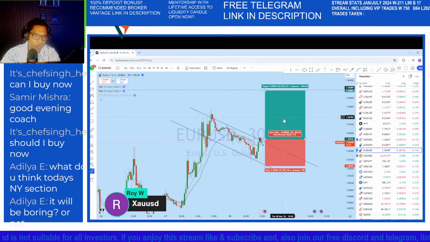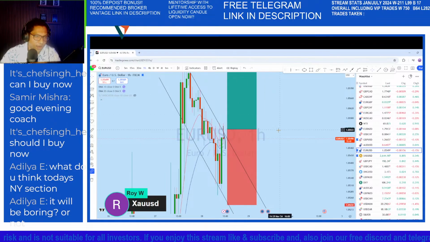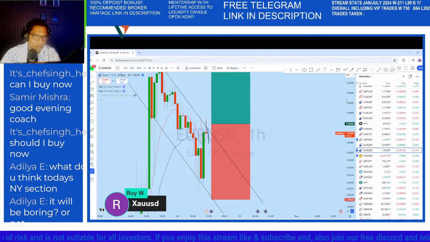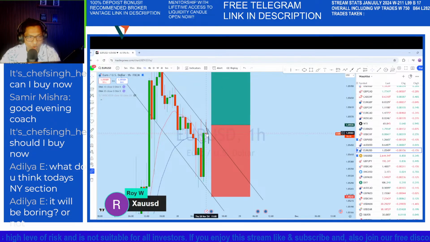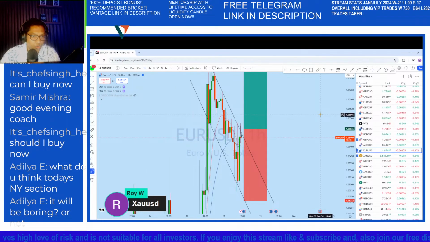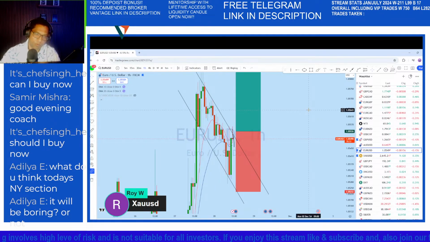On EUR/USD as well, we can see some pullback. This 1 hour candle, expecting it to close even as a narrow doji, can give the next one to return back. And as I mentioned, trading is all about probability.